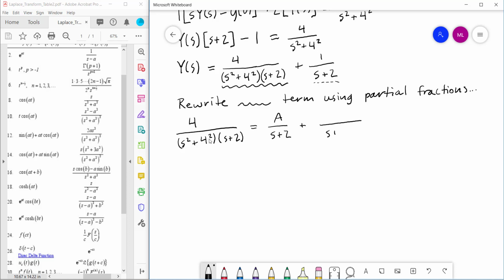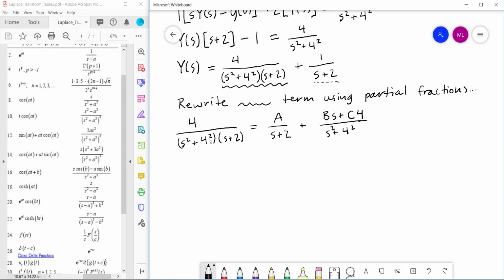It's going to look like s squared plus 4 squared, but we need then a linear term on top, and that should look like, in this case, bs plus c, but if I'm smart, I'll do c times a factor of 4.